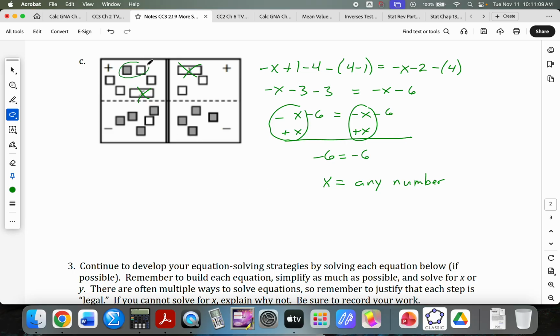And then I could remove this and remove this. And I've got negative 3 minus 3. This is negative 6 now. And if I flip these up, I've got negative 2 minus 4. That's negative 6. It doesn't matter what the x is. Both sides are going to be equal to negative 6.